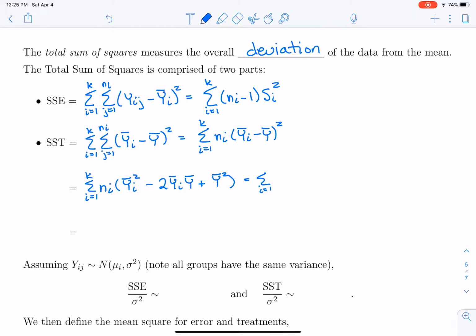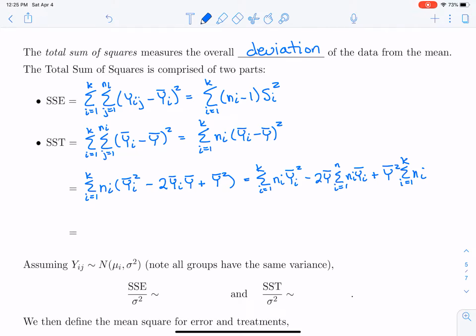The sum from i equals 1 to k of n sub i y i bar squared, minus 2 y bar times the sum from i equals 1 to k of n sub i y i bar, plus y bar squared times the sum from i equals 1 to k of n sub i. So now I've broken that up into three terms, and anytime I could take a constant out, I did just that.